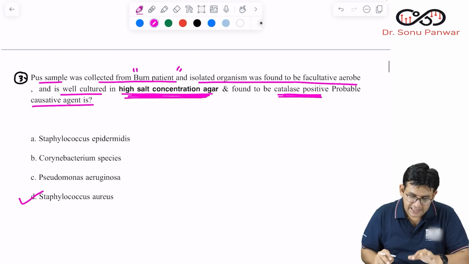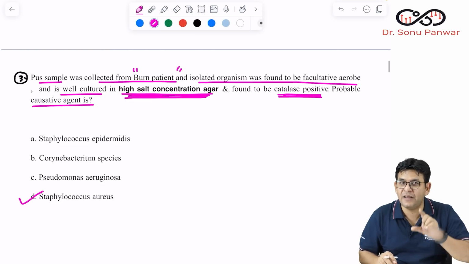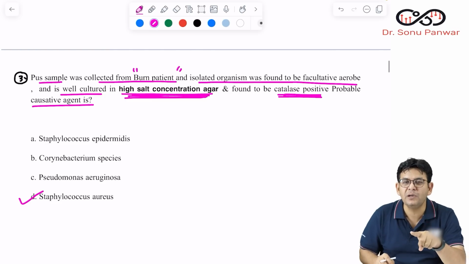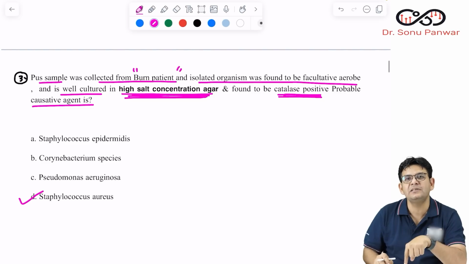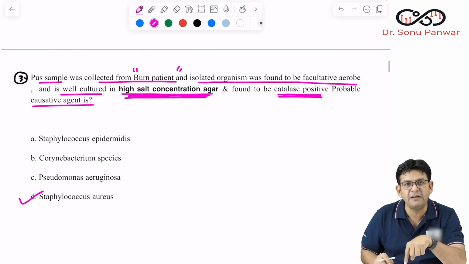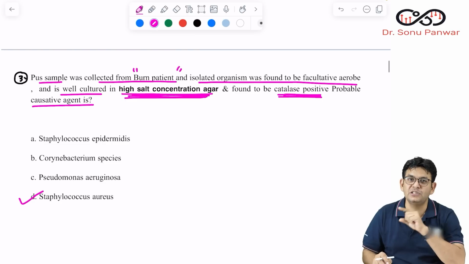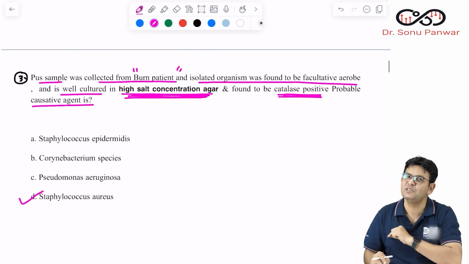So the answer here is Staph aureus. In fact, the most common cause in burn wounds is also Staph aureus itself, and in surgical wound infection, Staph aureus. Pseudomonas is also there, commonly found in burn wounds, and it is the favorite of the examiner. But overall data, if you see, Staph aureus is the most common cause of surgical wound as well as burn wound infections.